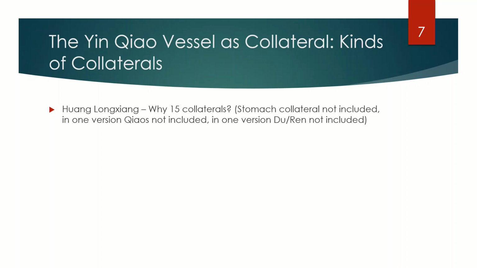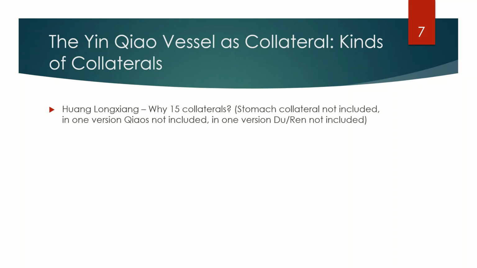We mostly learn about the 15 collaterals, the collaterals of all the major channels, and then usually the Ren and Du are also included, and also the greater collateral of the spleen. And so our understanding of a collateral is that it links the one channel to another channel, right? And that's how we would use them clinically, typically.